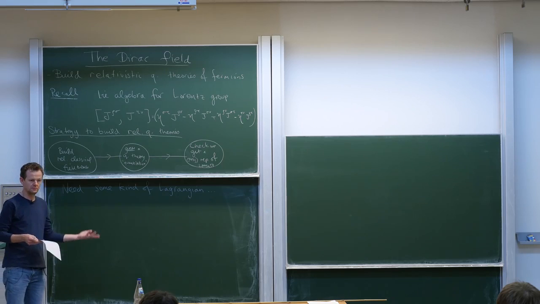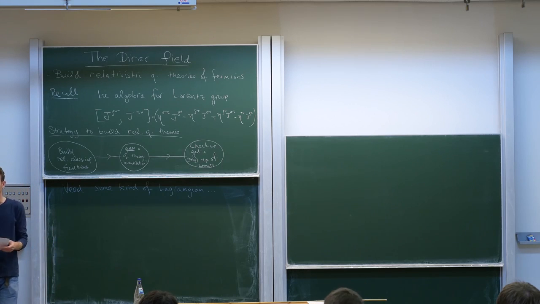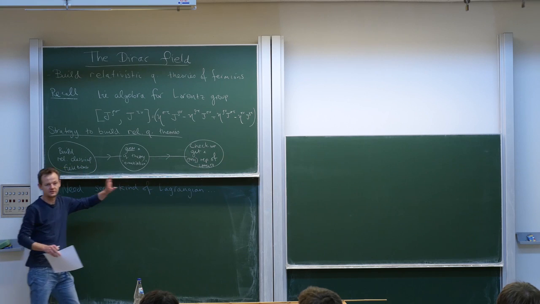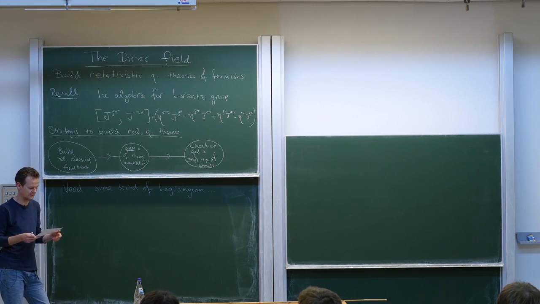And since we know that fermions carry an intrinsic spin, like electrons, positrons, muons, then we're going to look for a Lagrange density for a field which has some intrinsic angular momentum. So that forces us to look for representations of the Lorentz group that have a higher spin.